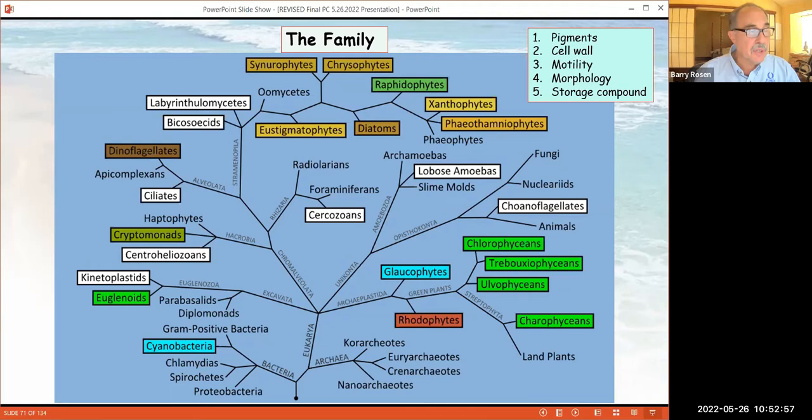Some actually just kind of oscillate back and forth, but that motility can help us figure out what things are. And of course, morphology, which is my specialty, understanding what these different forms look like under the microscope. And they all store different compounds. Some store starch, some store oils, all of which, again, is food for higher organisms. Next slide.